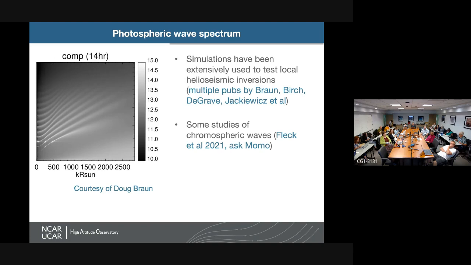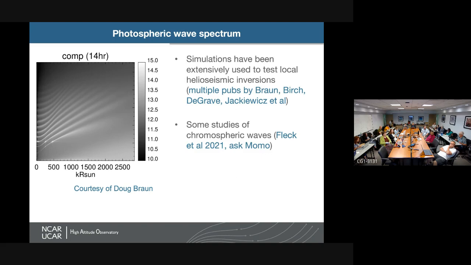So in the past, what has been done with these simulations is that people looked at the photospheric waves and tested even seismic methods. And that has been done quite extensively over the last 10 years. Here I just show a k-omega diagram, which is based on the wave field at the optical depth 10 to the minus 2 level, which roughly mimics where HMI and instruments like this typically observe.